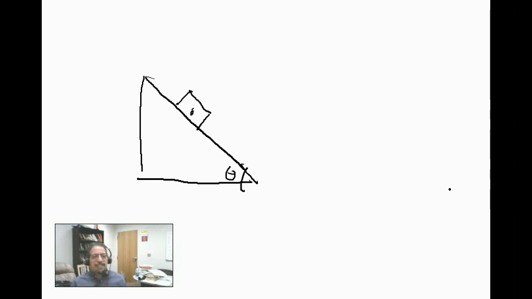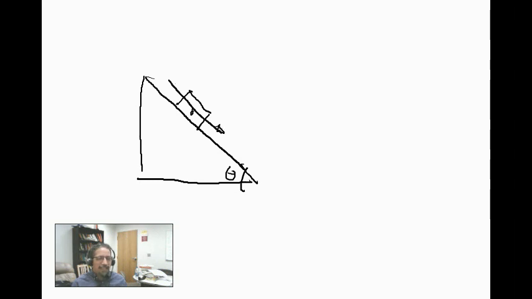And in this system, usually we want to analyze it with an axis along the motion, the direction. With an axis towards the direction of motion. There you go, that's better.